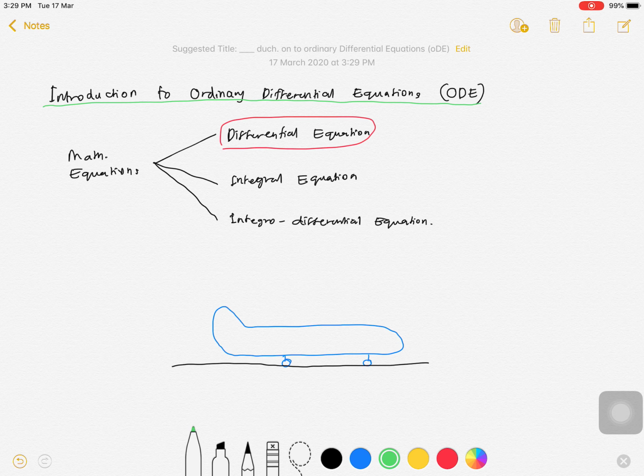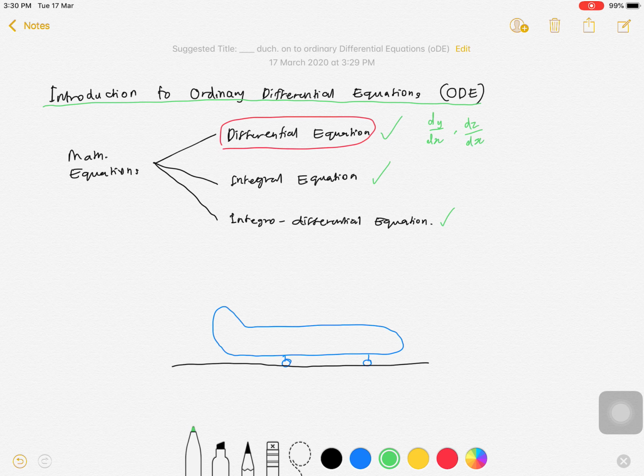Mathematical equations can be categorized into three different types. The first one is the differential equation, and the second one is the integral equation. The last one is the integral differential equation. For differential equations, we have learned about dy/dx, dz/dx, and so on.